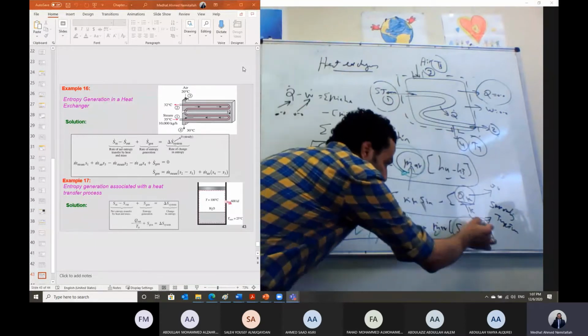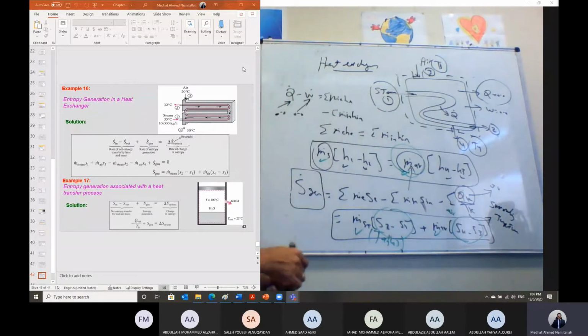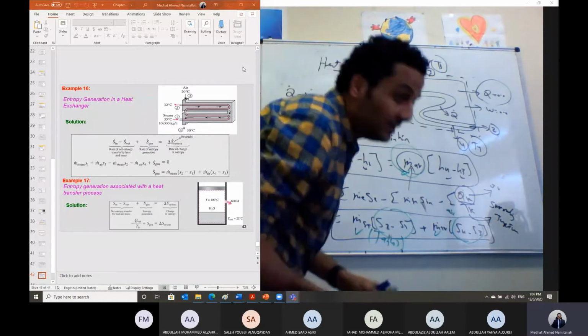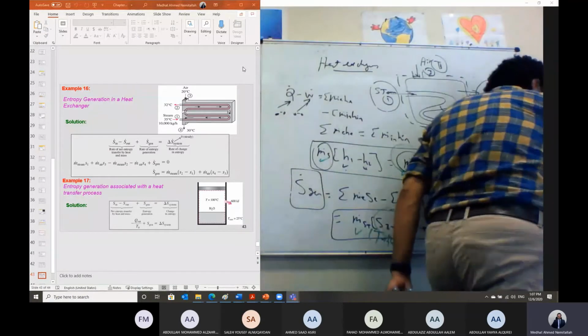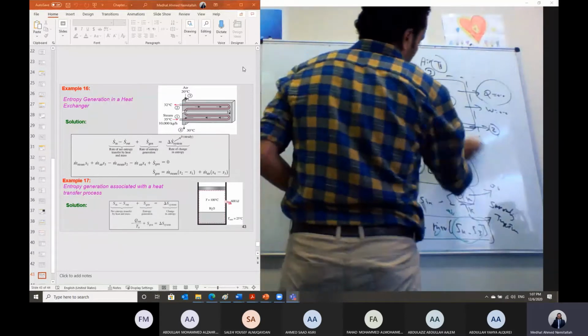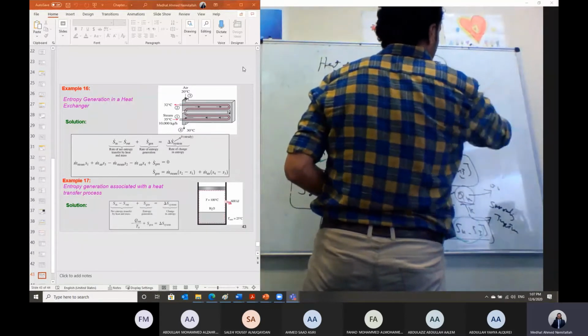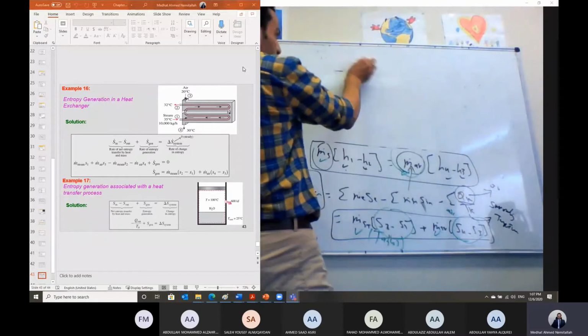But what about delta S for air? This is the cooling fluid in this case. We learned how to calculate delta S for air, but let's repeat it again. I will write it down for you, just to remind you. In the case of air, which is an ideal gas, we have two cases to calculate delta S: either the constant specific heat analysis or the variable specific heat analysis.